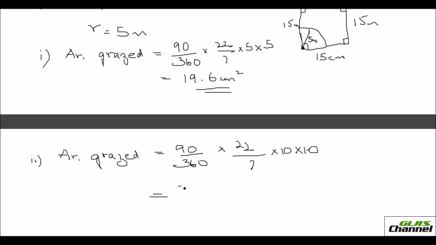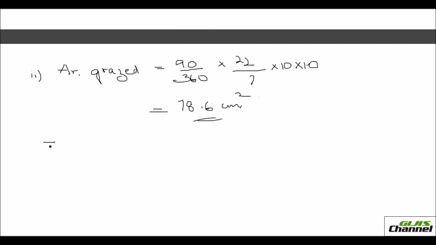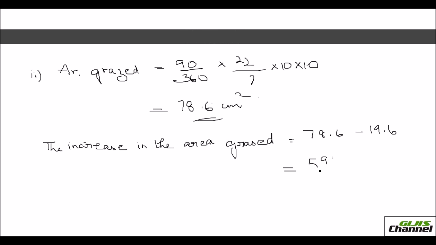So it can graze 78.6 meters square. Now it can graze this much area. So the extra would be the increase in the area grazed. 78.6 take away 19.6. So that would be 59 meters square. So this would be your answer.